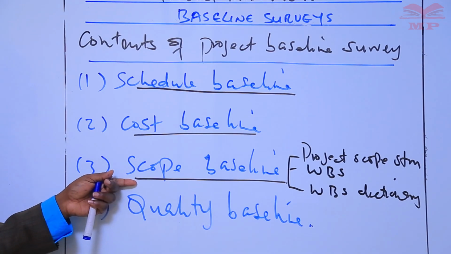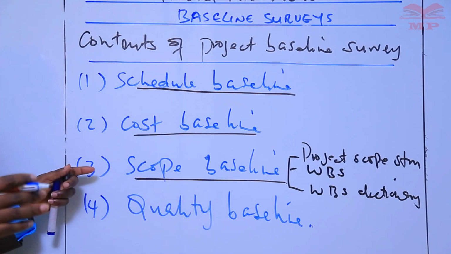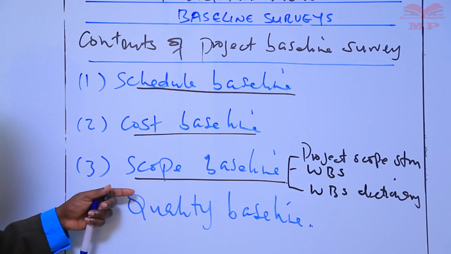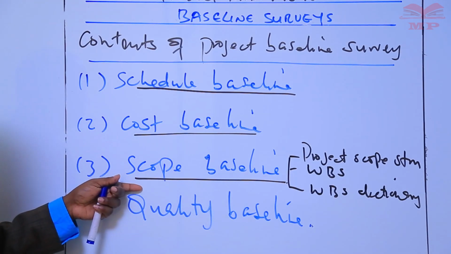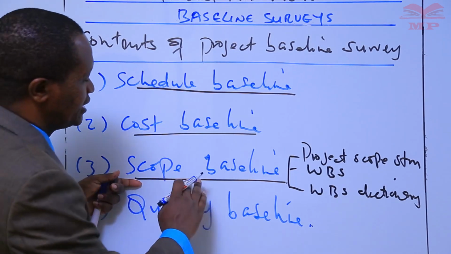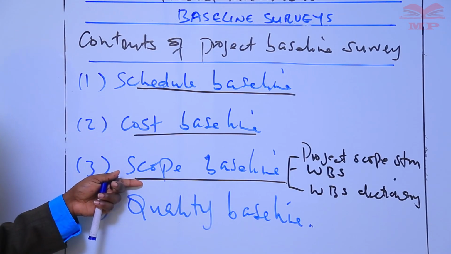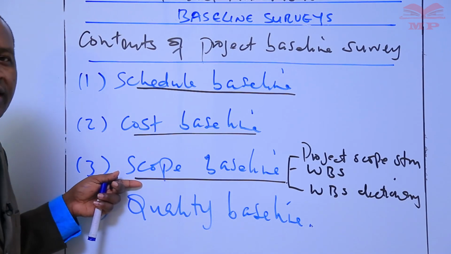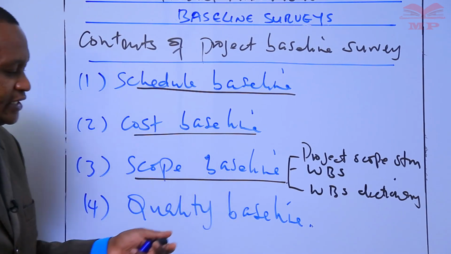And if there are work packages that do not get performed, or if they do not fulfill the requirements that are set for them, then the scope baseline is not met. Because remember, this baseline is set before the project commences. So the performance of the project manager as well as the rest of the team is derived from how well the project conforms to the scope baseline.